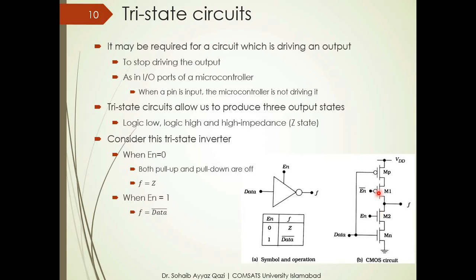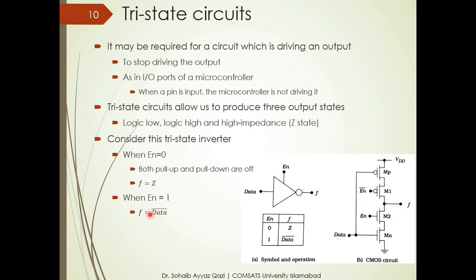If this input is 0 and this input is 1, both these MOSFETs are in the cutoff region. So if both these MOSFETs are in cutoff region, there is no direct connection between this point here and this point here. So this F will be in a Z state, or a high Z state, or a high impedance state.